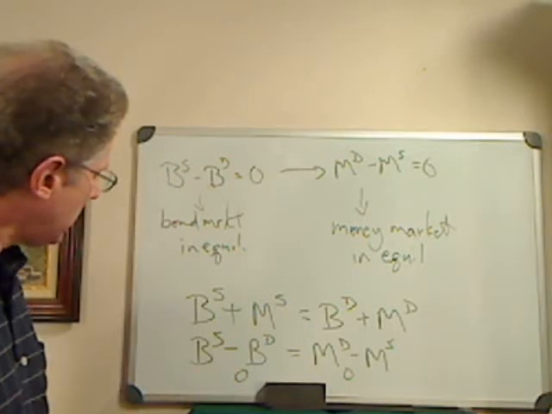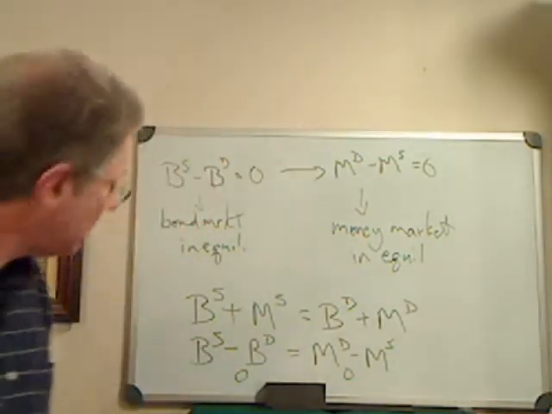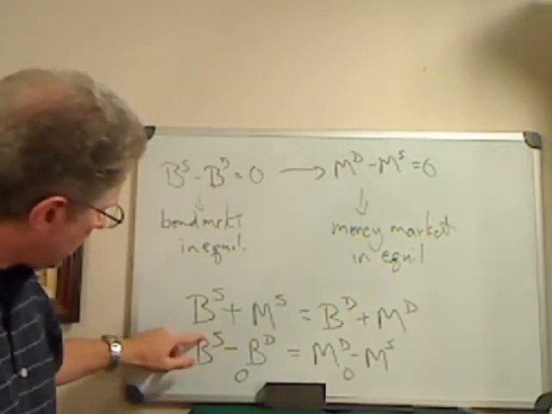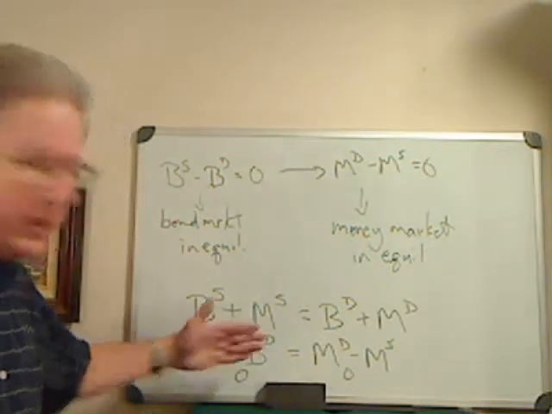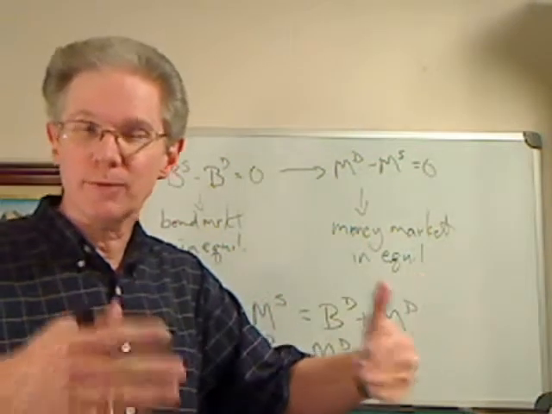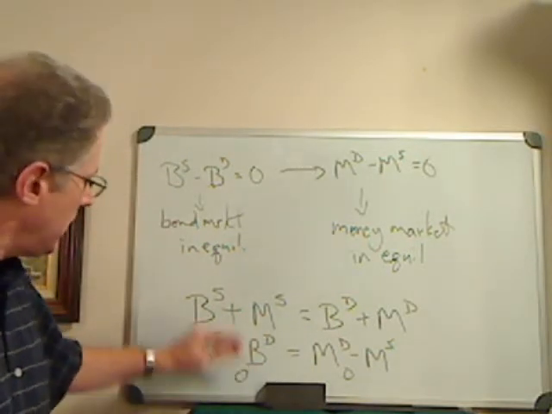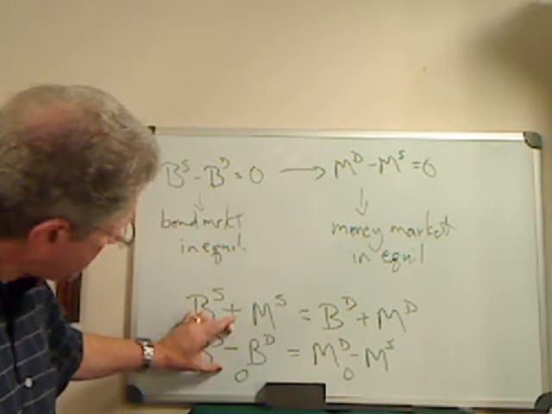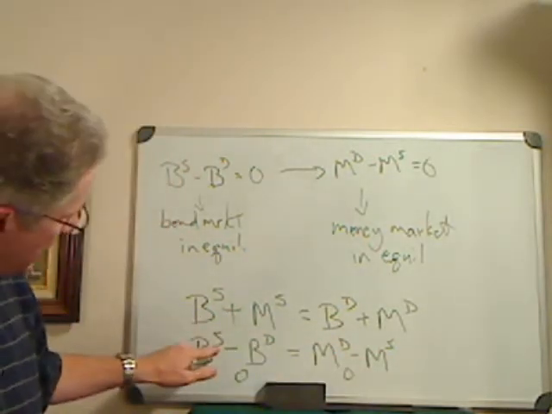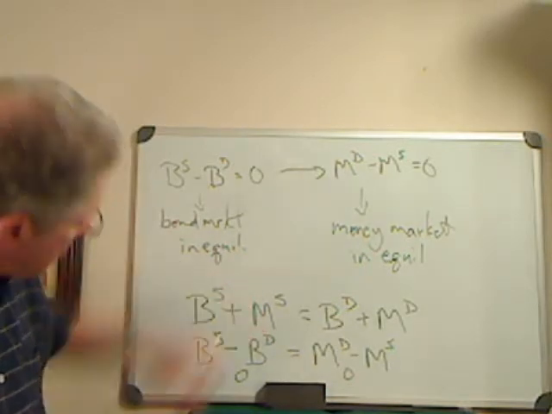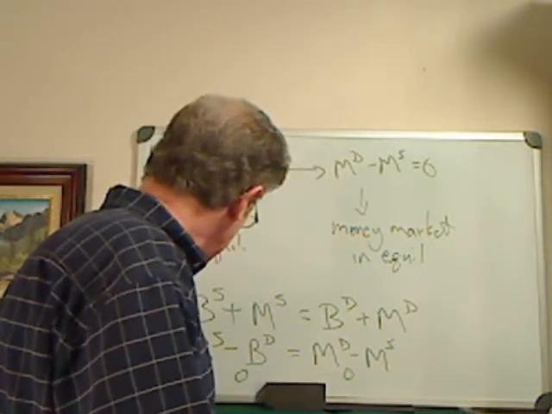It also implies something about what is true if we're not in equilibrium. If quantity of bonds supplied is greater than quantity of bonds demanded, what do we call it when quantity supplied is greater than quantity demanded? That's a surplus. If this is positive, this must be positive. But here, this side being positive means that you have a surplus in the bond market.